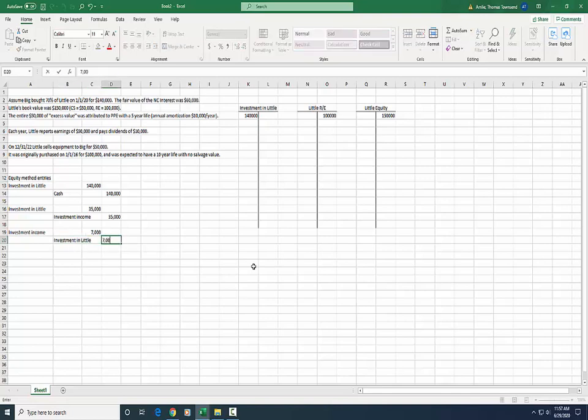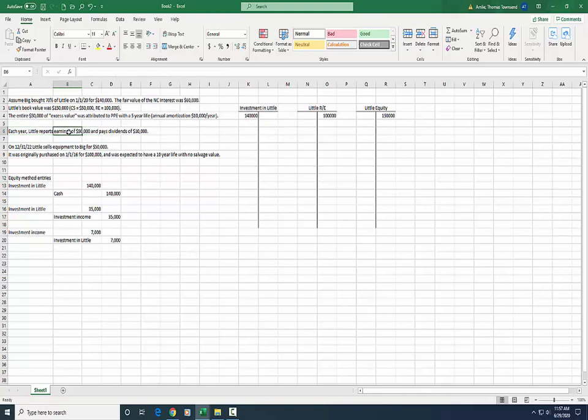Again, I don't want to get too far into previous material, but basically the idea is that as far as we're concerned, these reported earnings are incorrect, because as far as we're concerned, their equipment is worth more, therefore they should have more depreciation. If they're understating their depreciation from our perspective, that means they're overstating their income.